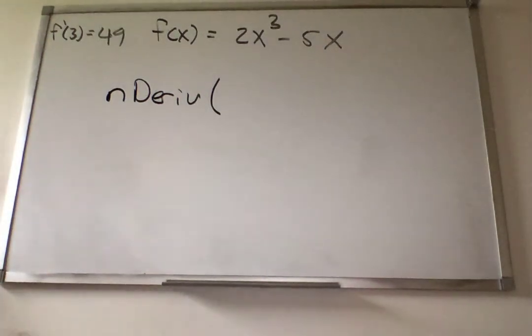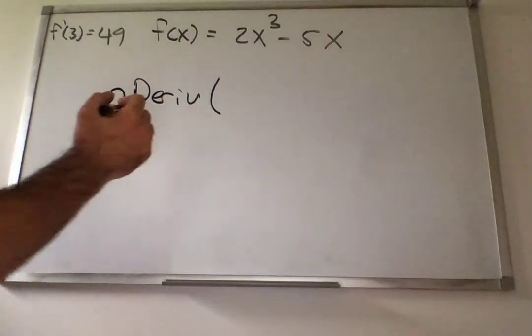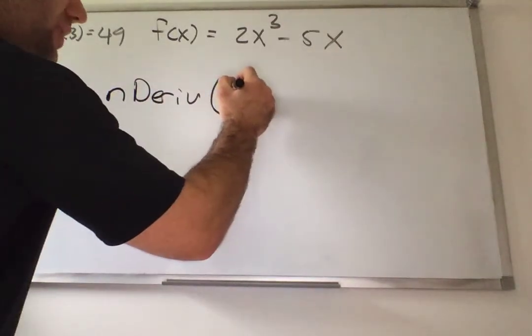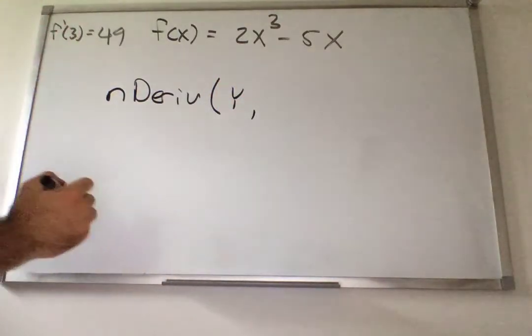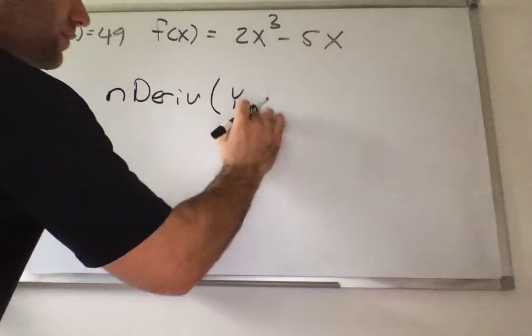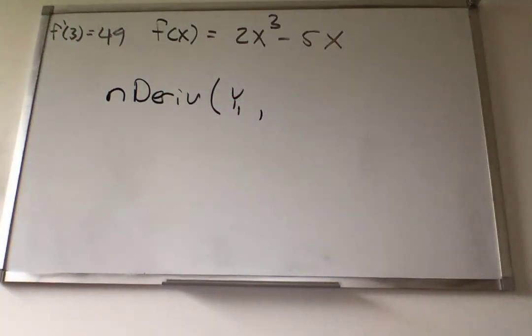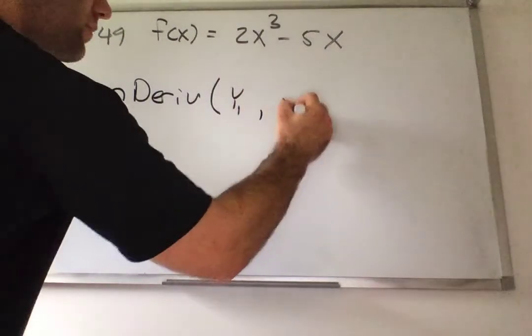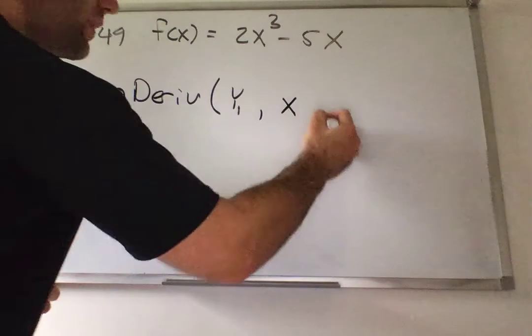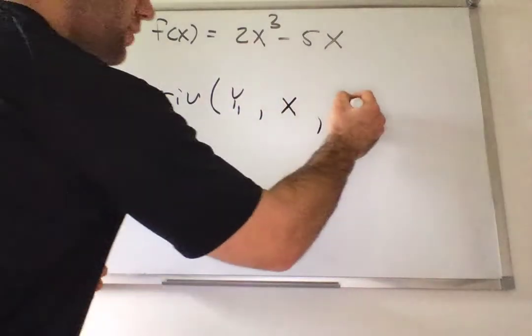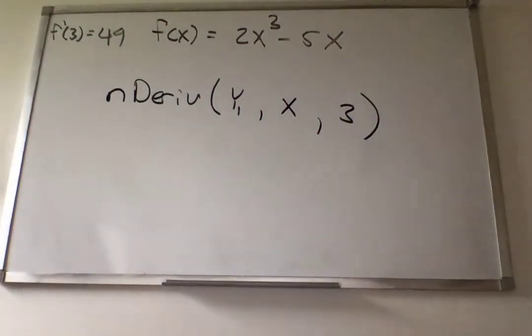Now what you have to do is enter in your function, so y1, comma, what variable, comma, the number. We're finding the derivative at 3.